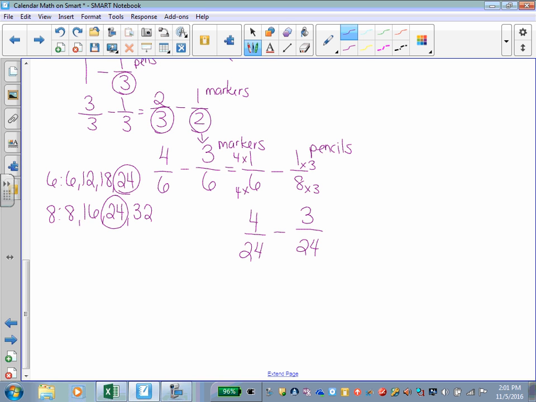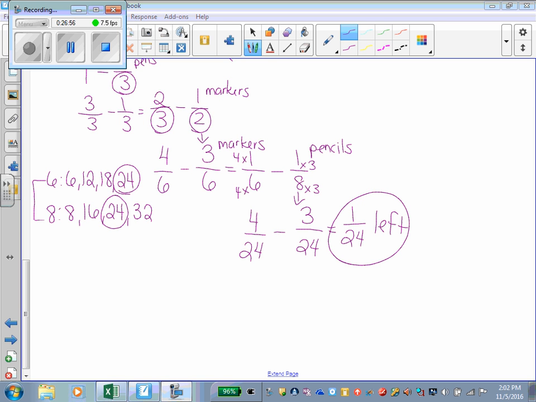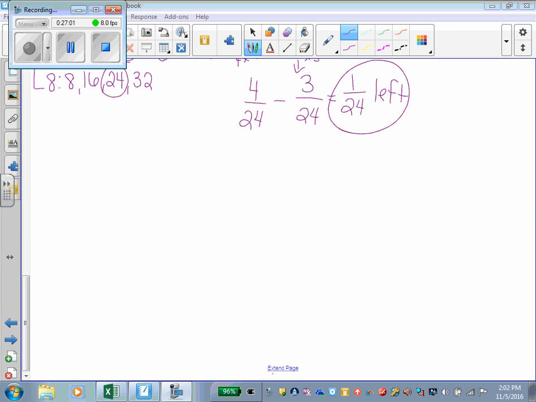Now we have 4/24 minus 3/24, which is equivalent to the 1/8, gives us 1/24 left. You did not have to simplify to get to that 1/24 because you found another type of common denominator, a lowest common multiple. All right, you can pause this video now to discuss any questions that you might have.